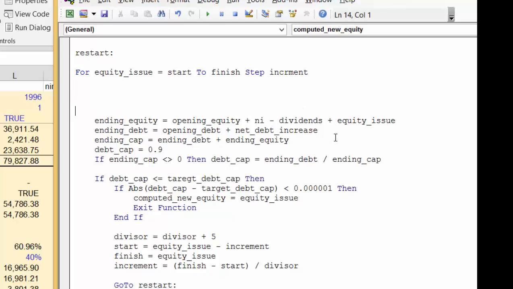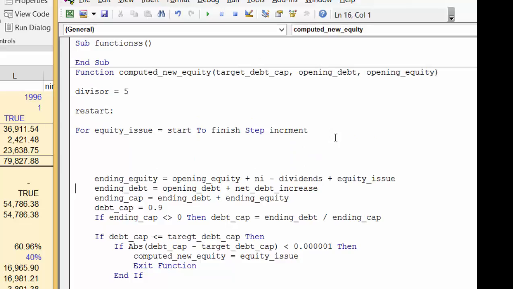Now, we need to compute the, well, before we do this, let's read in the net income and read in the dividends.